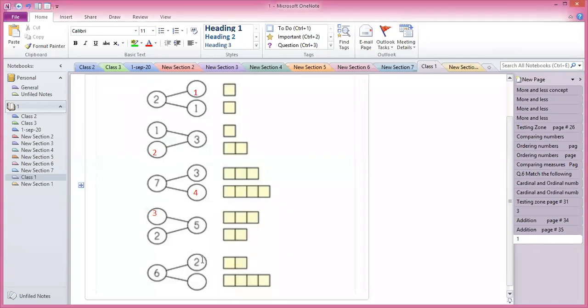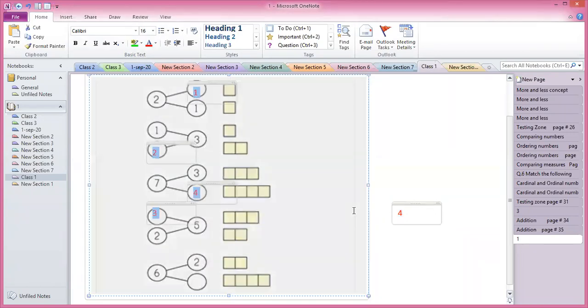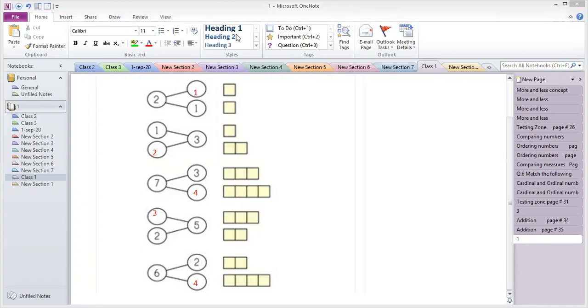Total 6, first part is 2. 4. Why 4? You can check from the picture also that the first part is 2. What is the remaining? 1, 2, 3, 4. 4 is remaining, or if you subtract 2 from 6, you will get the answer 4. Very good.